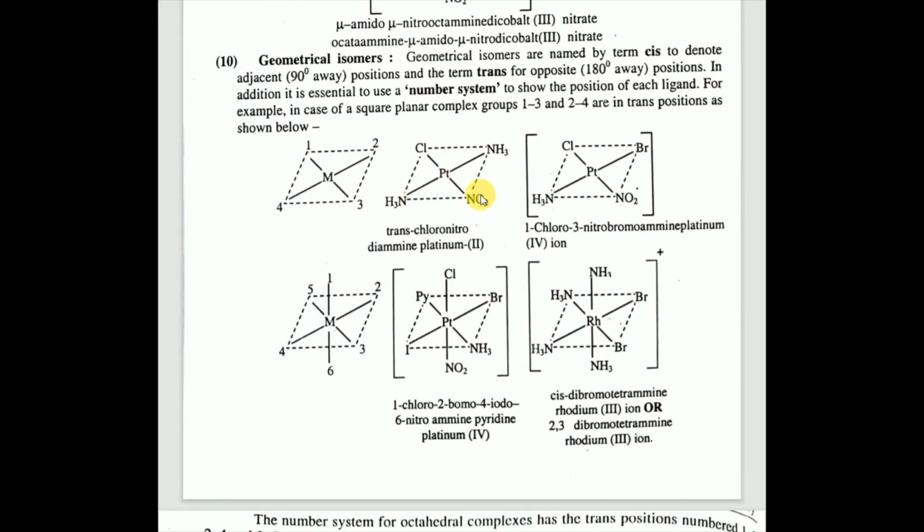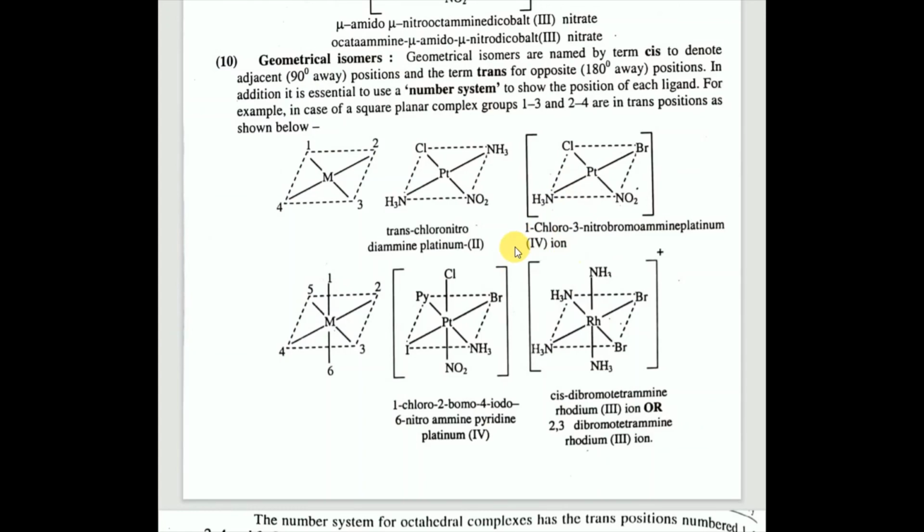First write the names of negative ligands, then neutral ligands, then the platinum metal, the central metal, with its oxidation state. Therefore the IUPAC name according to this rule is trans-chloronitrodiammineplatinum(II).